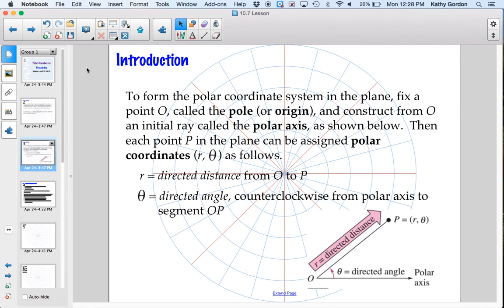So when you look at this, even though the definition seems a little wonky and like, oh my gosh, I don't know what this is talking about, but if you just look at the picture for a second, you should see some familiarity here.